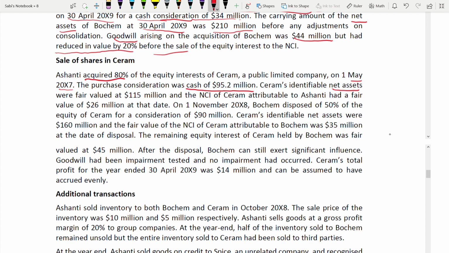So net assets is 115 million. NCI fair value is 26 million on that day, at that date, that means date of acquisition.